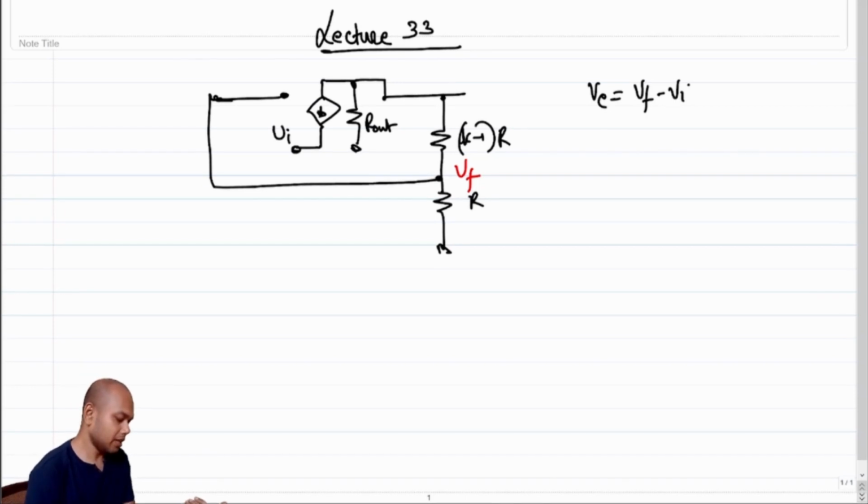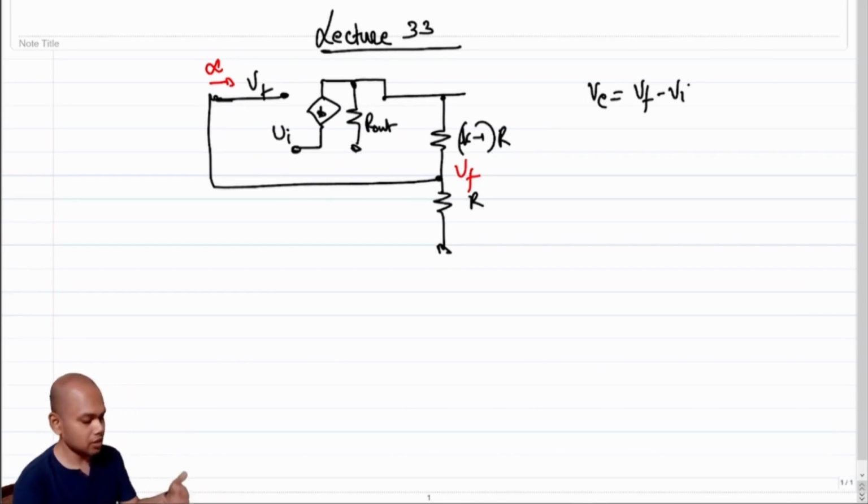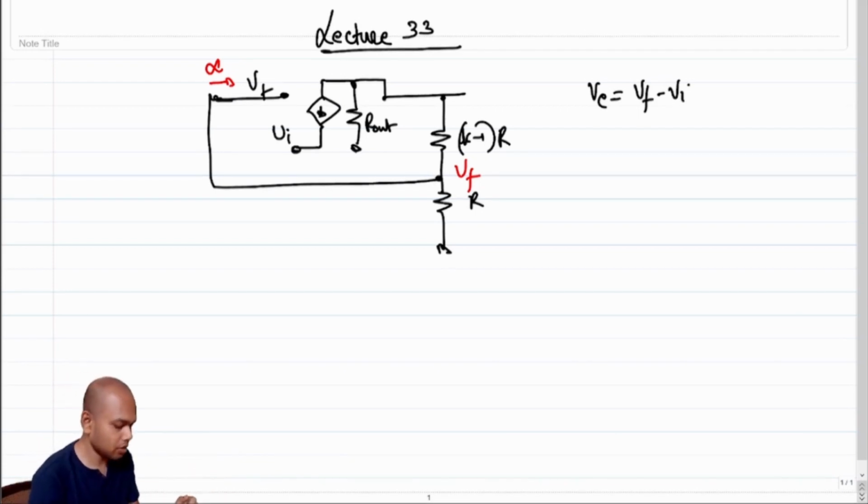But then we saw that the source terminal is a low impedance node. The feedback voltage has an infinite impedance, but this impedance is 1 over GM, so this can load whatever is driving that node. So we said that this probably is not a very great idea.